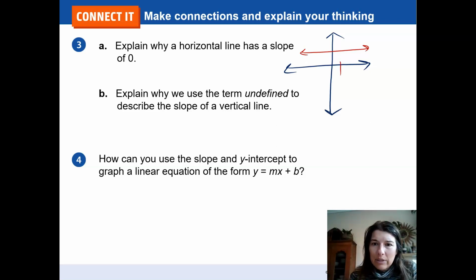Let's actually, to help us with this, give it some coordinate pairs so we have something real to talk about. All right, this coordinate pair on the right side is over 1, let's say it's over 1 up 2. So over 1 up 2, so that coordinate pair is 1, 2.